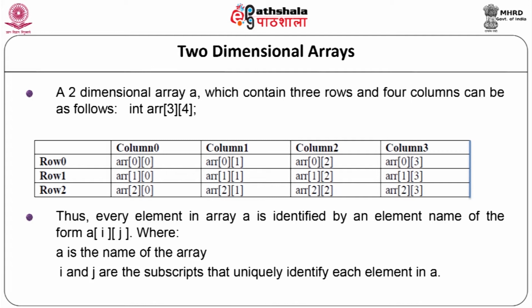The first element can be accessed as r[0][0], where row number is 0, column is 0; r[0][1], row 0, column 1; r[0][2], row 0, column 2; r[0][3], where row is 0 and column 3. In such a way all the elements will be shown.